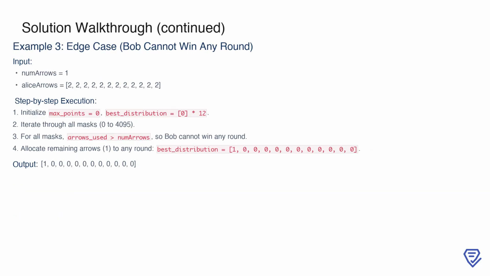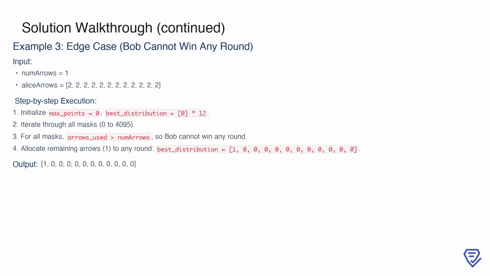Now, consider an edge case where number_arrows is just 1, and Alice's distribution across all rounds is 2, 2, 2, 2, 2, 2, 2, 2, 2, 2, 2, 2. Here, Bob has very limited resources, and we follow the same process of iterating through all masks, from 0 to 4095. For every mask, the total arrows required to win even a single round exceed the available 1 arrow.